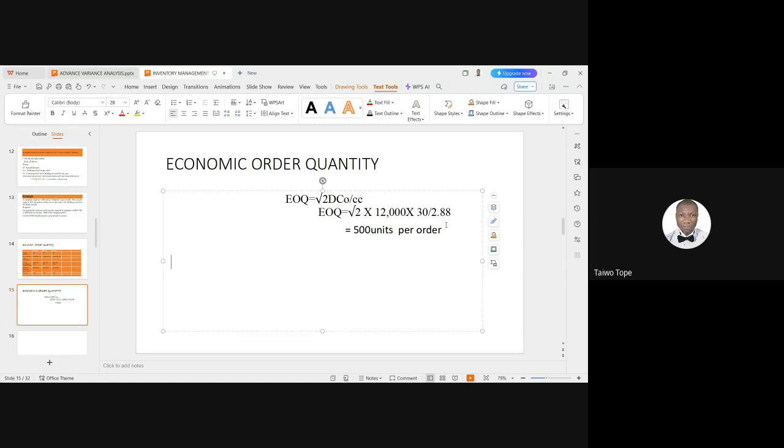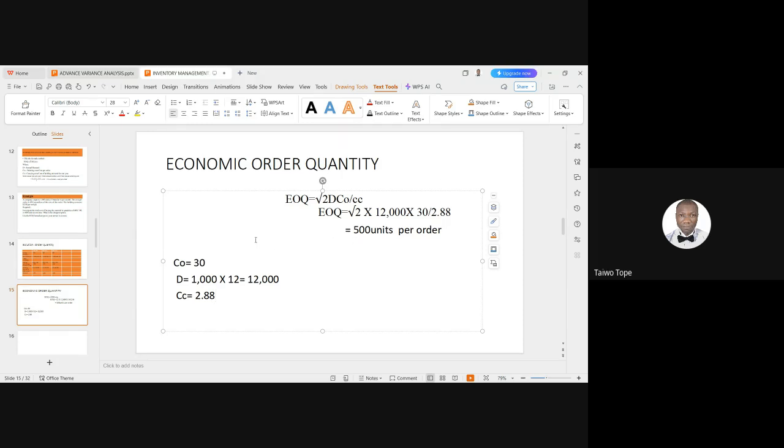For those that might be wondering, your Co is equal to 30. Your D is equal to 1,000 multiplied by 12, which is 12,000. Your holding or carrying cost is equal to 2.88, all given to you in the question.